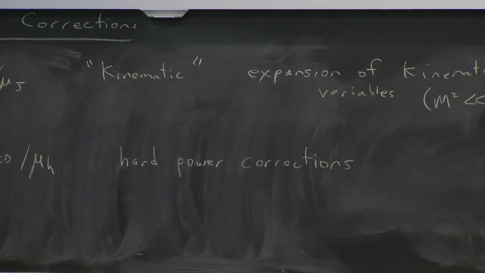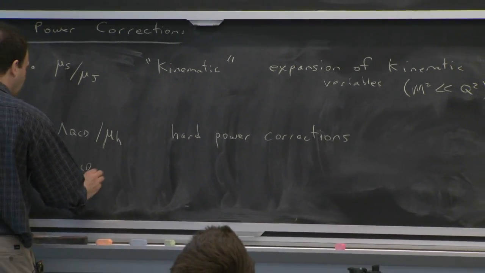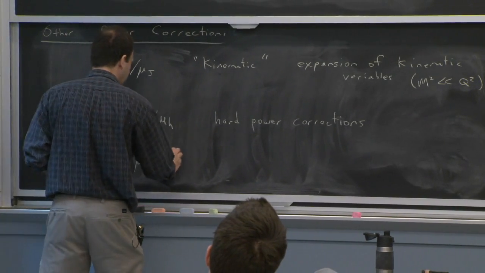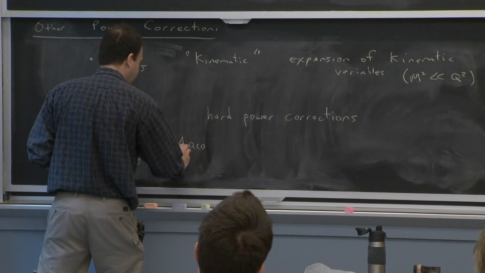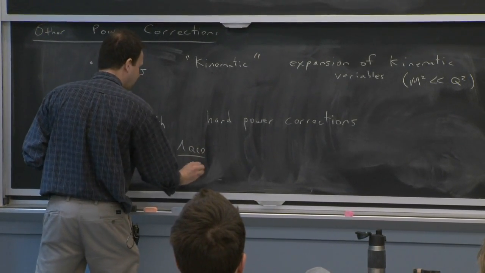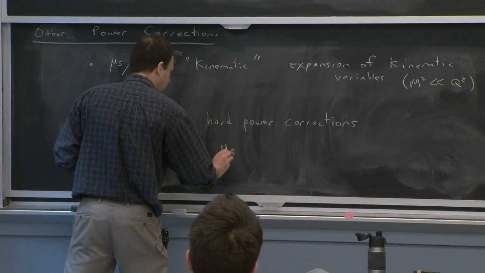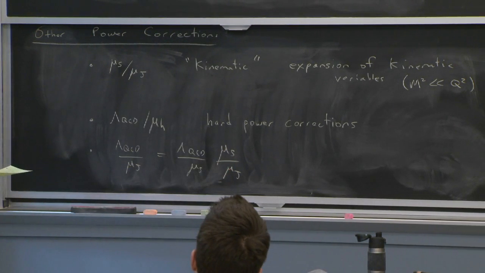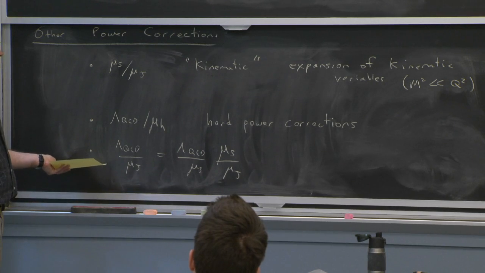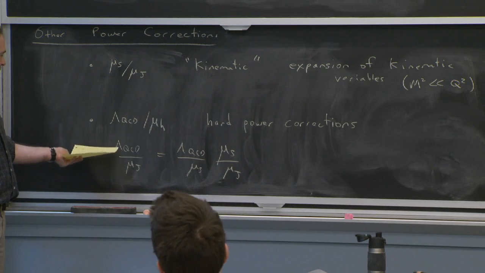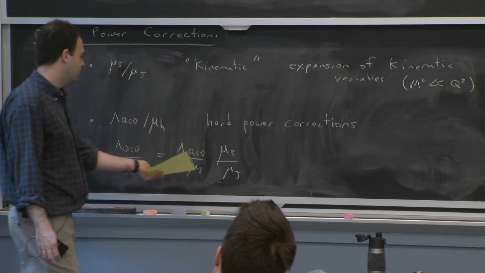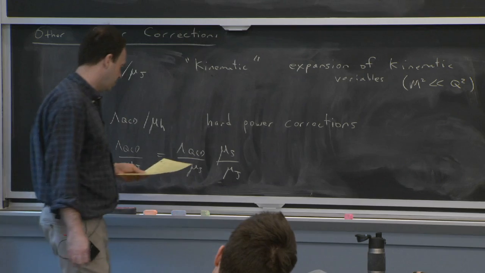And then finally, you could have lambda QCD over mu_j. You have to be a little bit careful, because one way that this could happen is that you just have one of these guys times one of those guys. So it's not necessarily an independent category, but you could still think about these types of power corrections as something that might show up either this way or maybe directly.